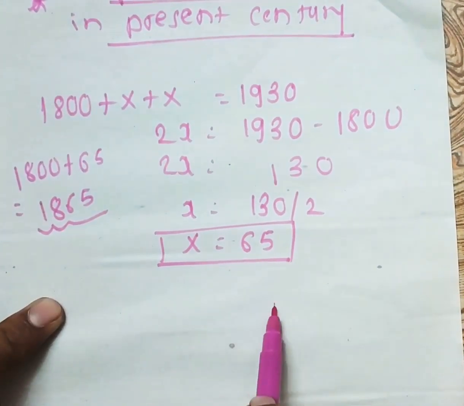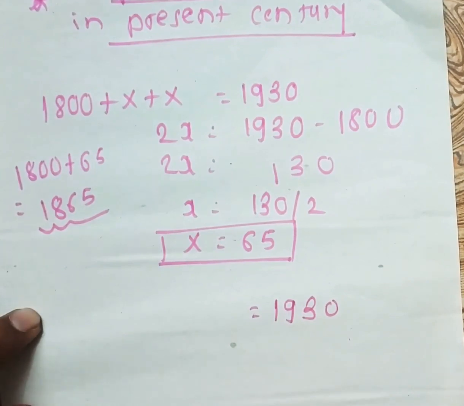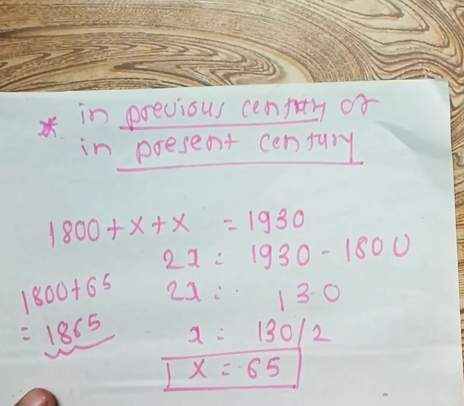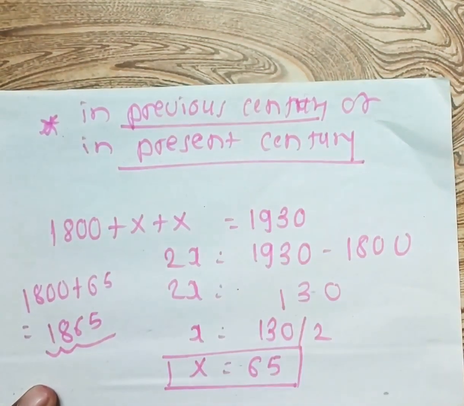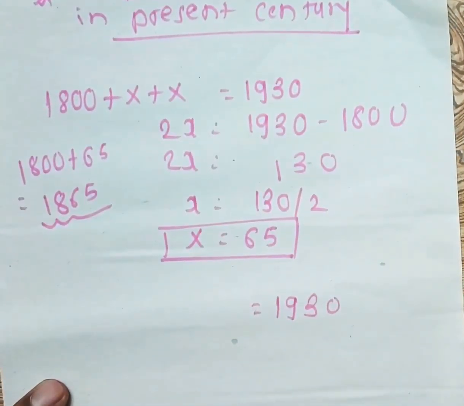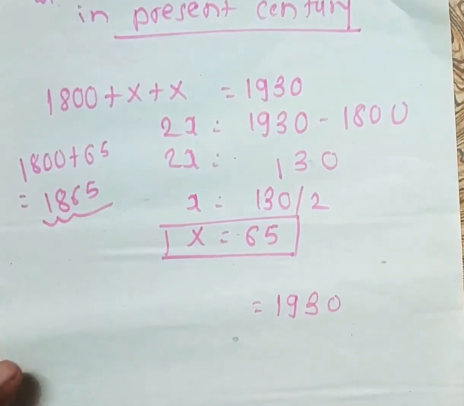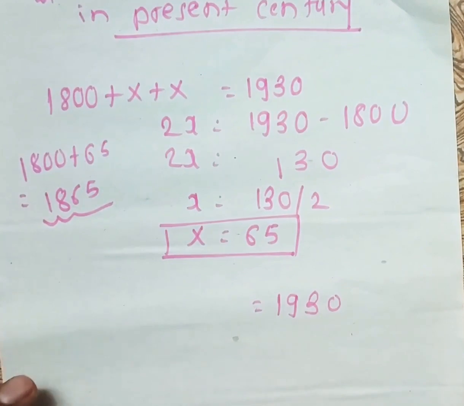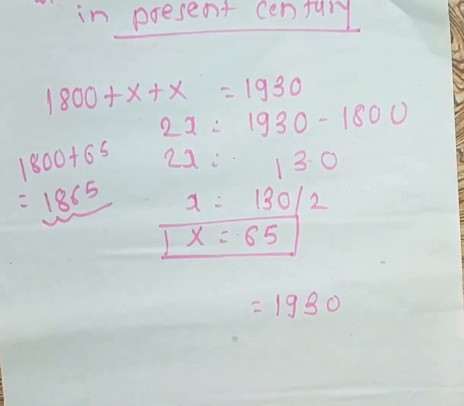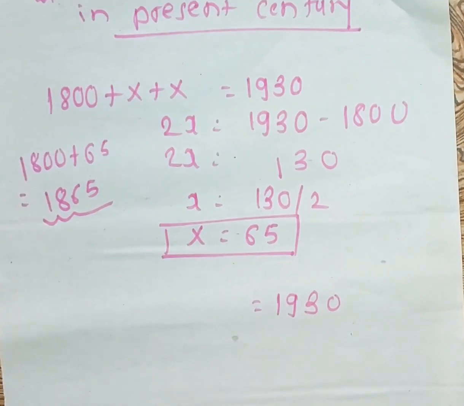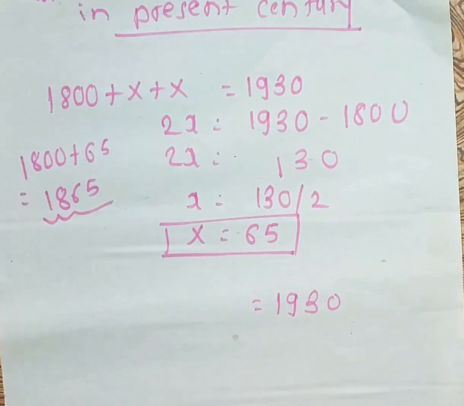Now let's see. In 1930 the grandson's age will be equal to the last 2 digits of his year of birth. We know that we have to take either the previous century or the present century. For the grandfather we took the previous century and we got the possible answer, because a grandfather is always more than 50, 60, 70 in age.